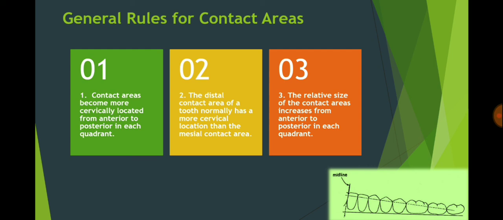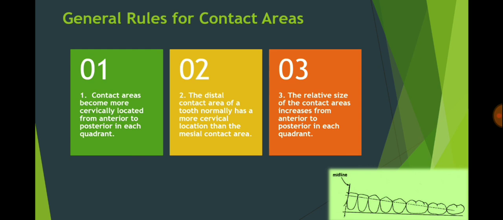Okay, so the distal contact areas of a tooth normally have a more cervical location than the mesial contact area. That's why when you're doing a tooth identification, you can look at an extracted tooth, and just based on that slanting of the tooth, you can tell which one is distal, which one is mesial.